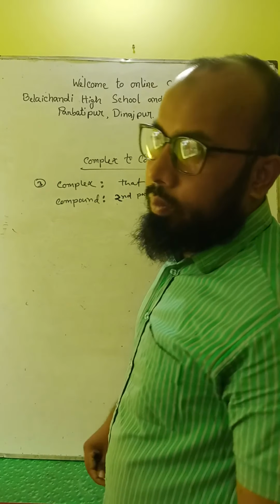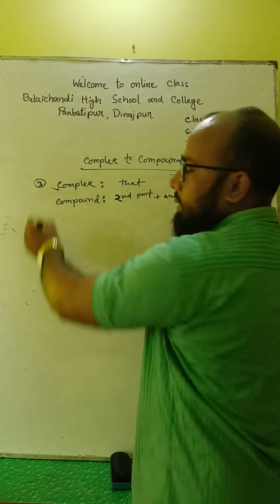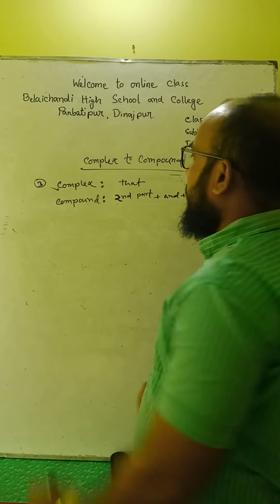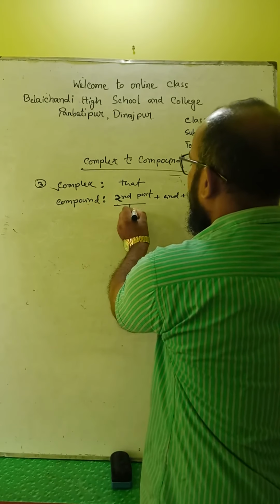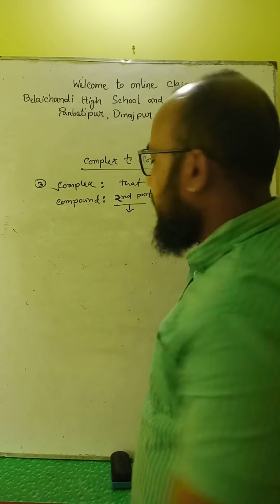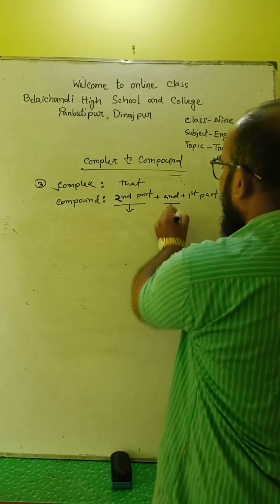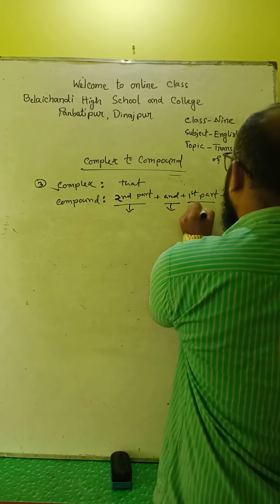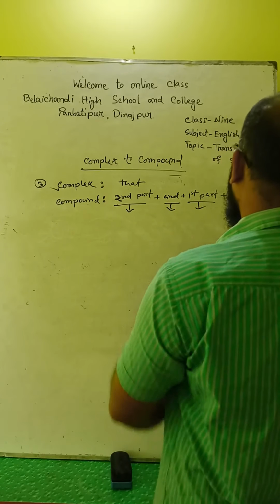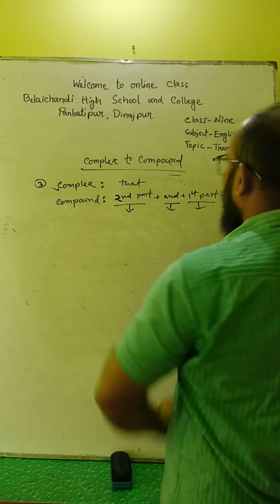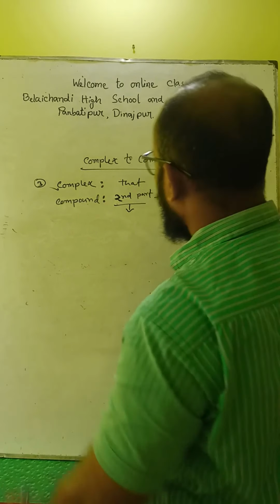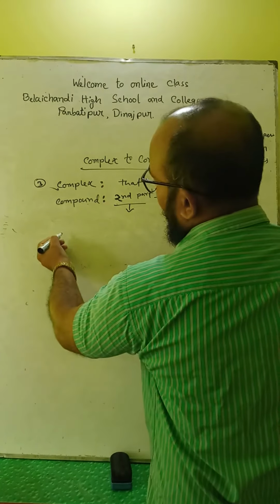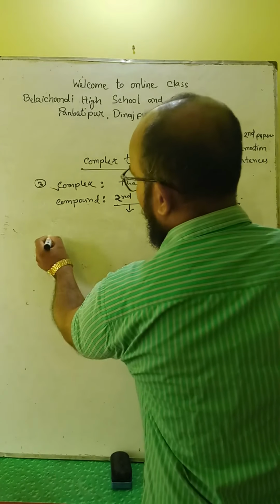When that is used in a complex sentence, we have to use at first the second part of the sentence, and then we have to use and as a connector, and then we have to write first part of the sentence, and then we add it. Look at the example.